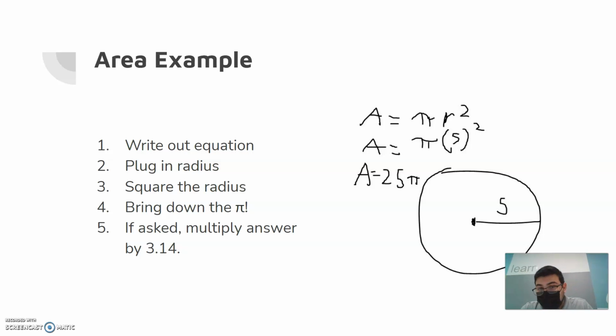Next, you just bring down the pi. So it's just 25 pi. If the answer choices are asking you to break it down and find the actual number, it would be 25 times 3.14. But for purposes of the high set, it's only going to be 25 pi.